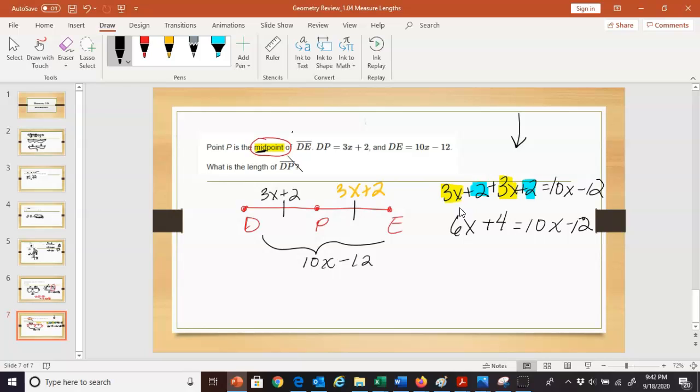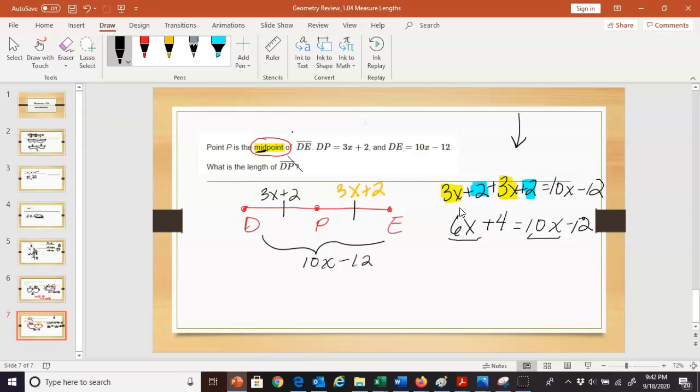All right, so now our main goal is to get x all by itself. Well, x lives in two places, here and here. So we need to combine these x's, right? So we need to move one of them to the other side. It's up to you. We can move the 6x over to join the 10, or we can move the 10 over to join the 6.